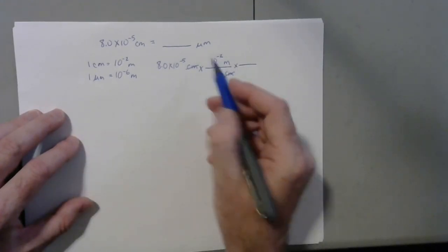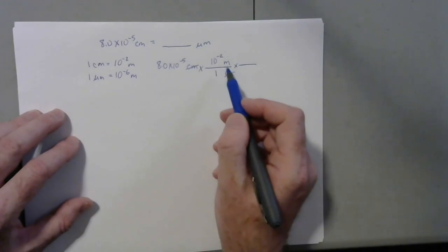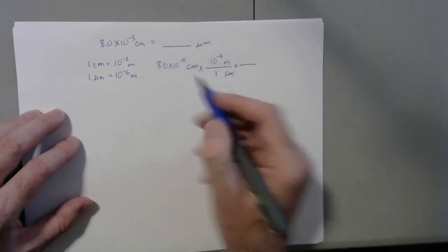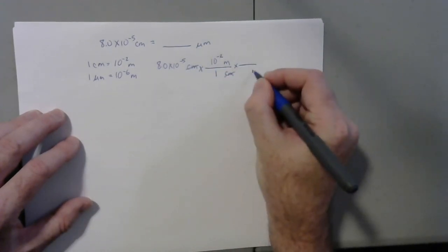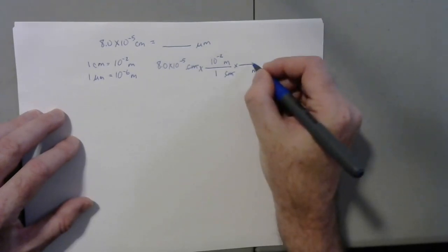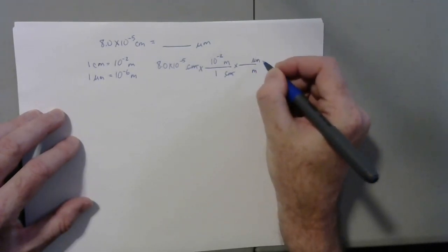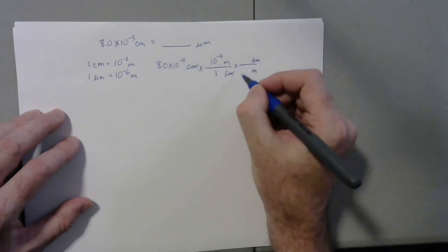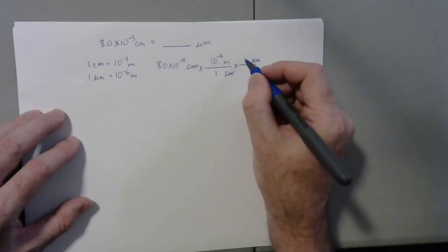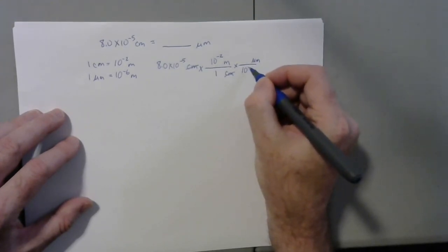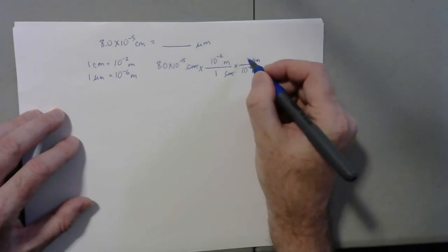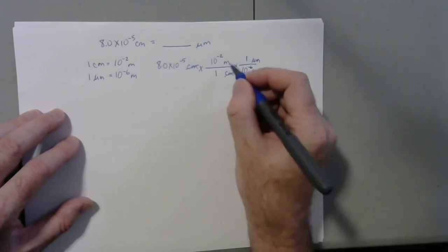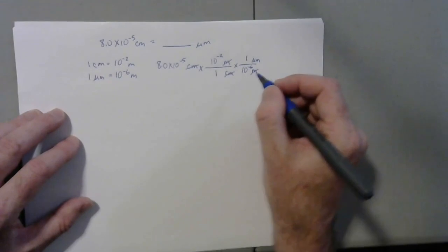We need another one because we're not quite there, right? We're in meters. We need micrometers. But this time, meters goes on the bottom because we want the meters to cancel, and micrometers goes on top. So this can be 10 to the negative 6 meters on the bottom, 1 micrometer on the top, and the meters are going to cancel.